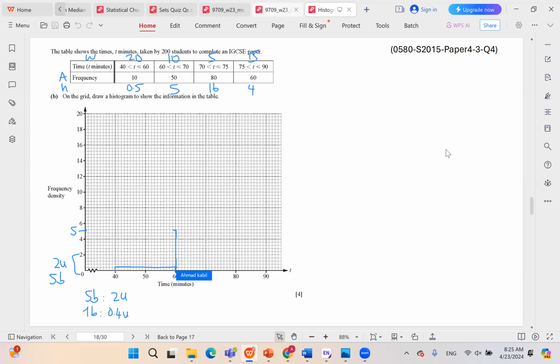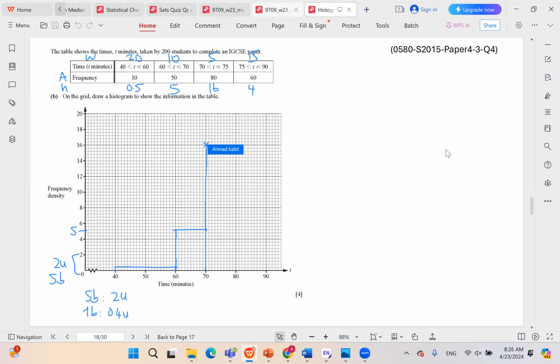And we draw the second interval, so till 70. There we are. And then for the next interval, we have a height of 16. So we go all the way up to this point here.